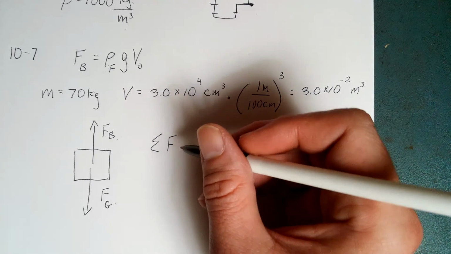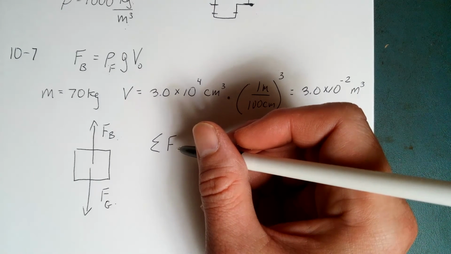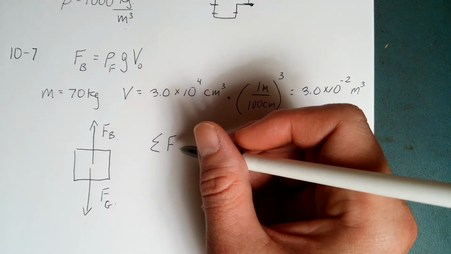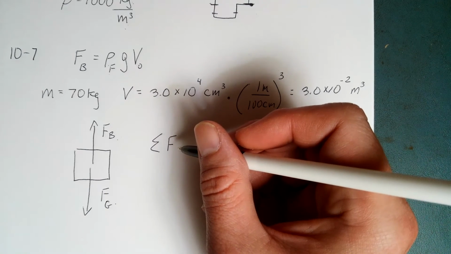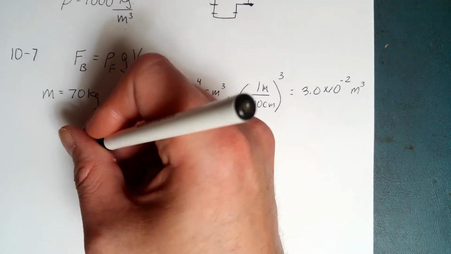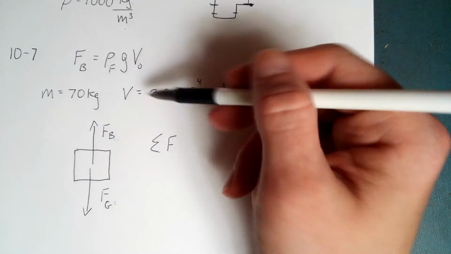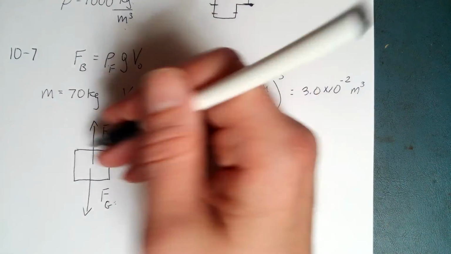Let me read this again. Sometimes I get a little bit ahead of myself. Okay, so in order to lift this, these two are going to be set by the mass and the volume of the object and what fluid it's in.